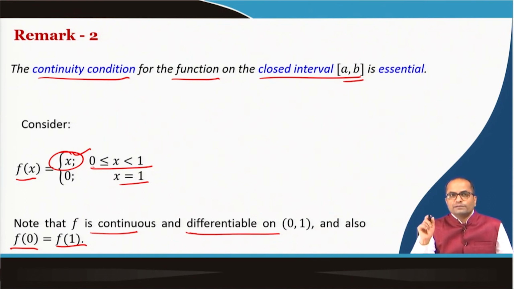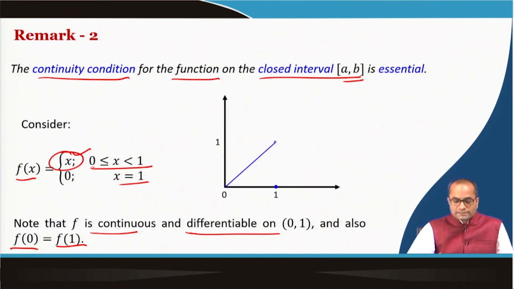Only at one point, that too an end point, the continuity is not met. As you can see, this is the function and at this point it is not continuous. Because of this, we are not meeting all the hypotheses of Rolle's theorem, and as a result we do not have the conclusion in this case.